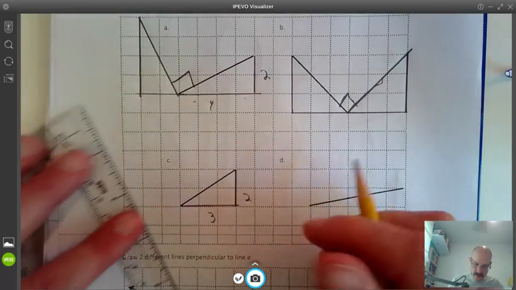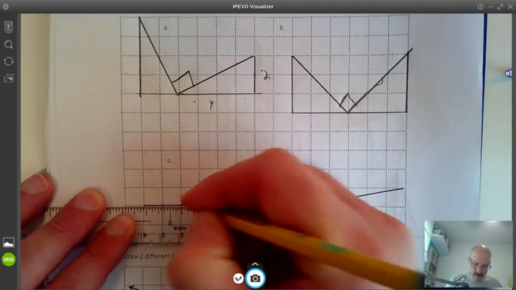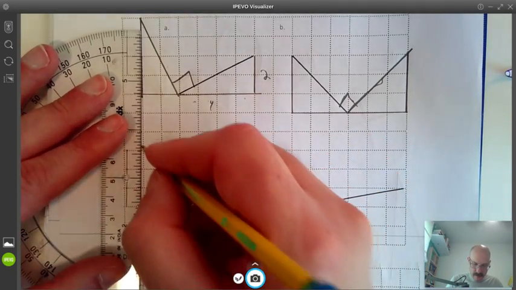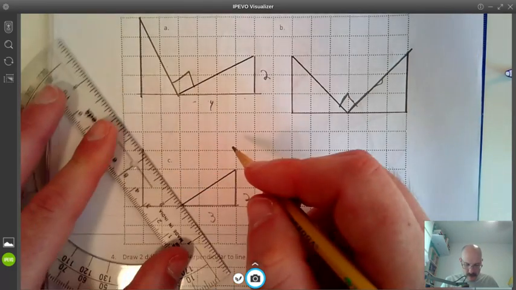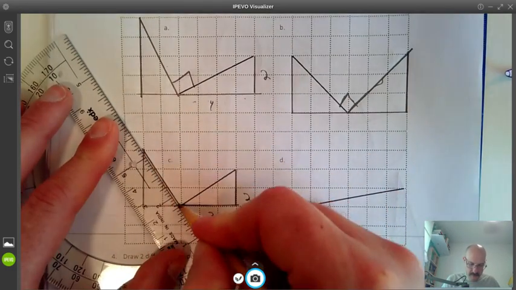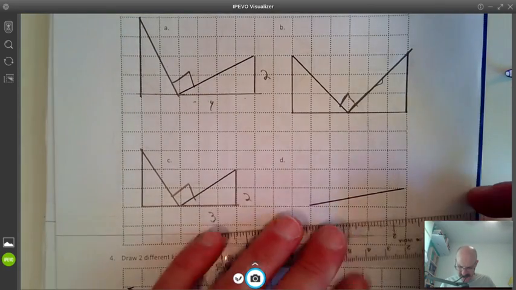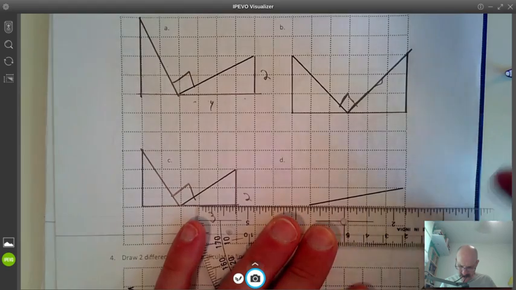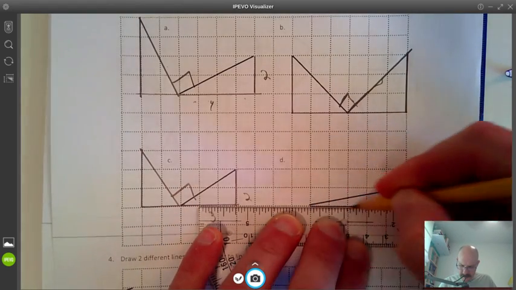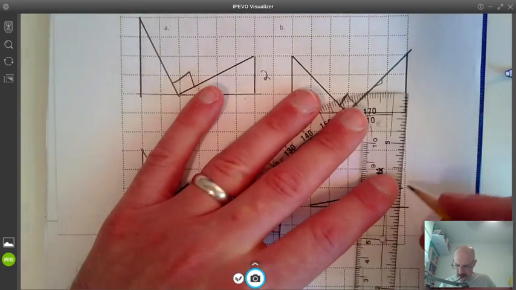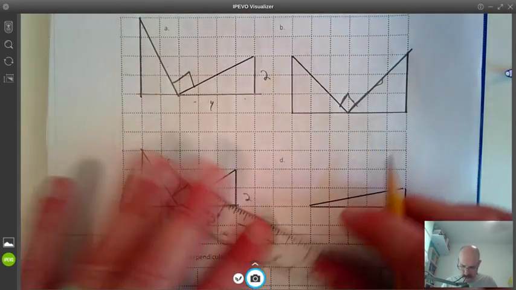So if I turn it, it's going to be 2. Base will be 2, 3 high. And this one, the base is, what's that? 1, 2, 3, 4, 5. The height is 1. If I turn it, it's going to be 1.